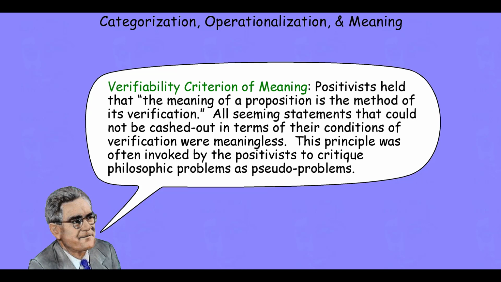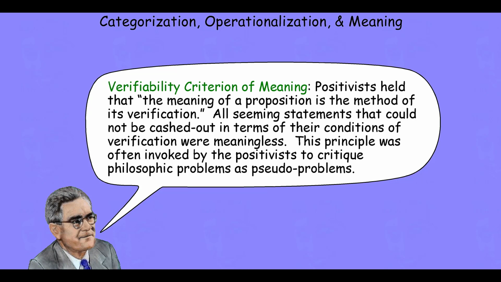For example, A.J. Ayer was once interviewed on a BBC radio show and asked, "So, Dr. Ayer, we understand that you're an atheist." To which Ayer responded, "No, I'm not an atheist because the phrase 'God' has no meaning. There is no set of conditions that would verify the existence or non-existence of this entity, and hence the word has no significance."